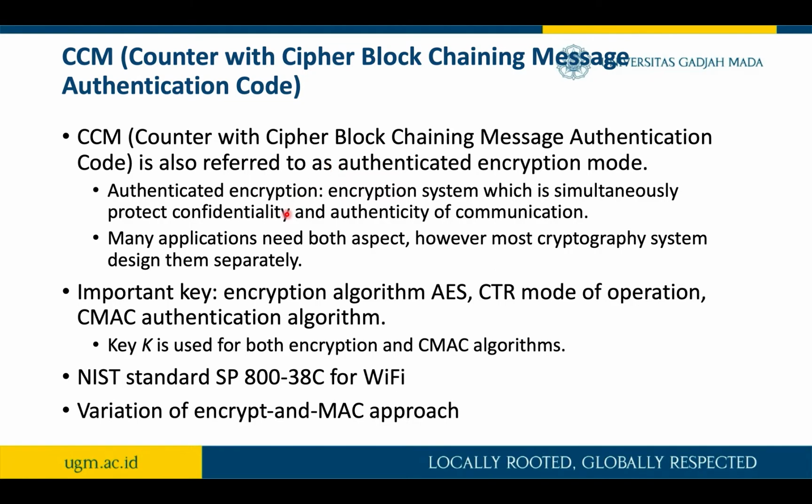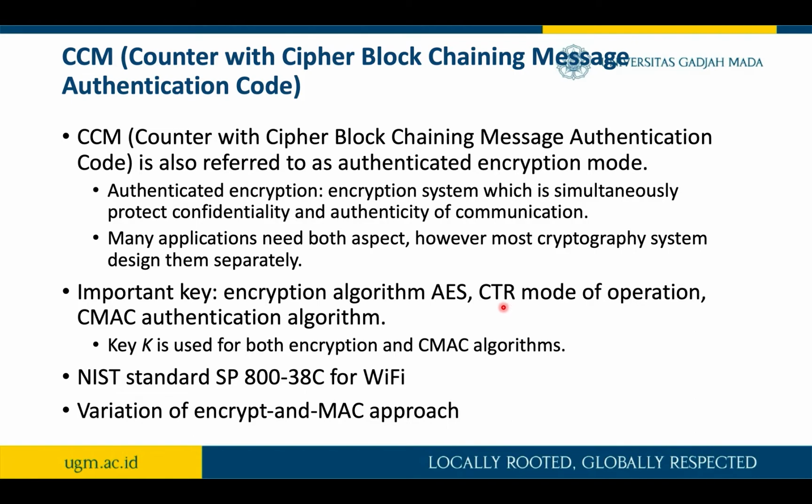If the application needs both authentication and encryption, then we can use this algorithm, CCM. The elements of CCM are like this. The first one is the encryption algorithm to be used, AES.